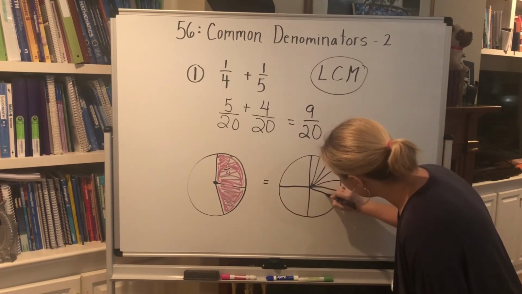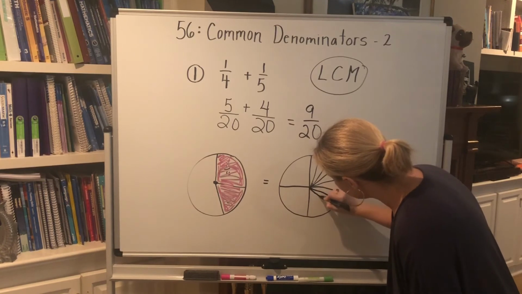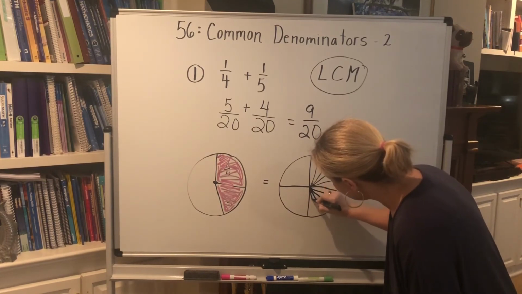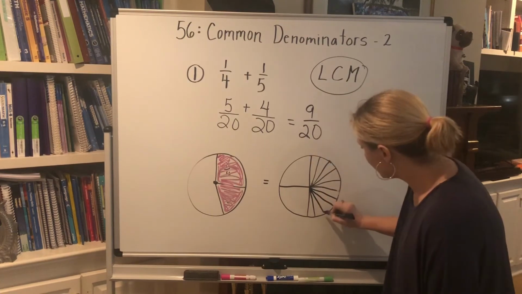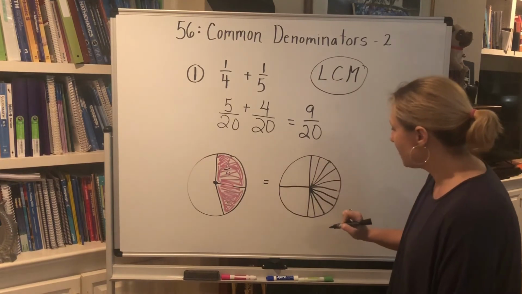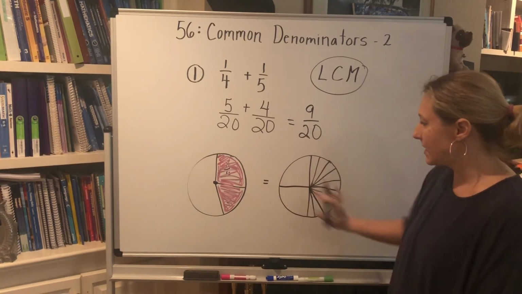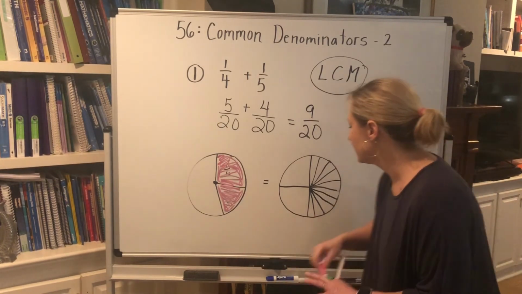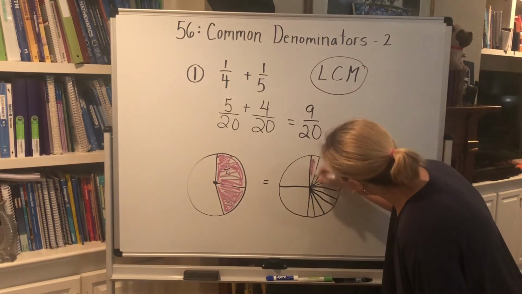Let's see. 6, 7, 8, 9. So that will be 9 pieces. If I kept doing that all the way around, I would have 10 pieces on each half of the circle, right? But I only want to shade in 9 of those. So it's going to be 9 out of 20 pieces.